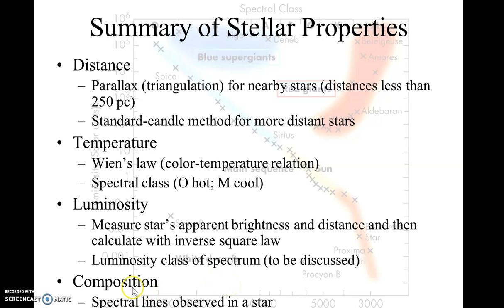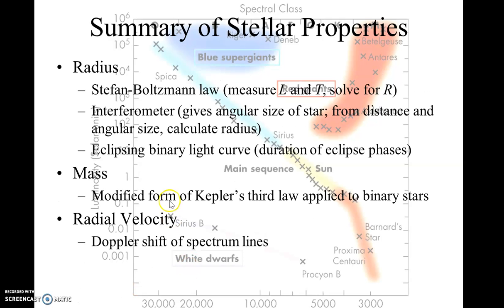We can also, using the spectral lines, figure out what the stars are made of. There's an equation that describes what the size of a star is, not just for eclipsing binaries, but any star. From the luminosity and the temperature, you can figure out the size. Of course, for eclipsing binaries, you can compare with this method.